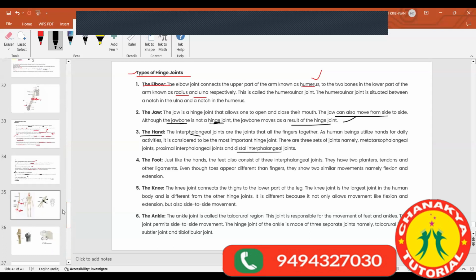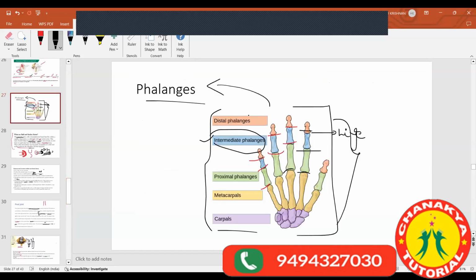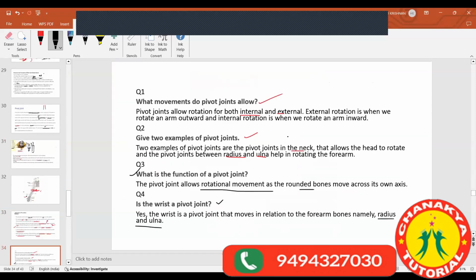It is given here also, right? Distal phalanges, proximal phalanges, metacarpals, and intermediate phalanges. So there are three joints in your fingers, in your hands, and all three come under hinge joints. Yes, ma'am.